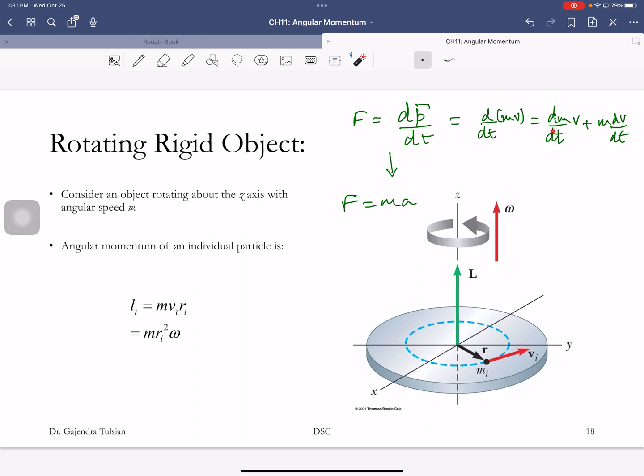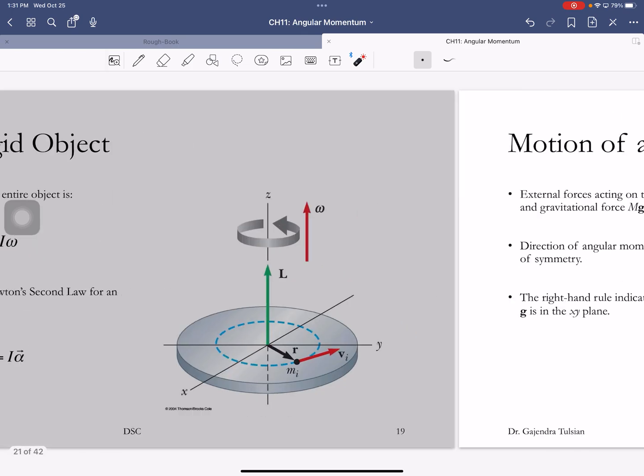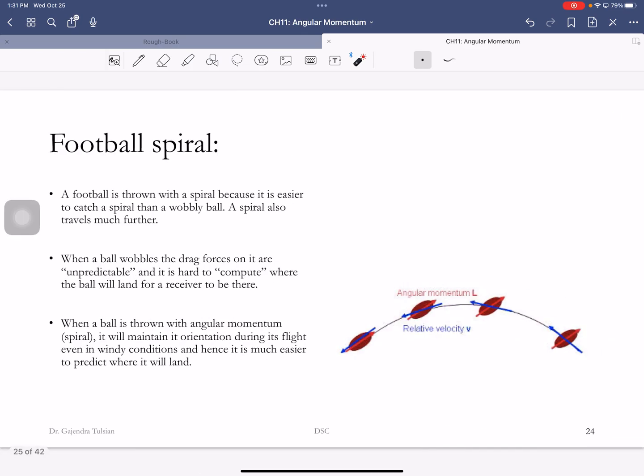Okay. All right. So there are similar situations. Torque is dL by dt, and this will reduce to I times alpha when the moment of inertia of the object is not changing. For a rigid object, the moment of inertia won't change. But there are situations when the moment of inertia of an object changes.